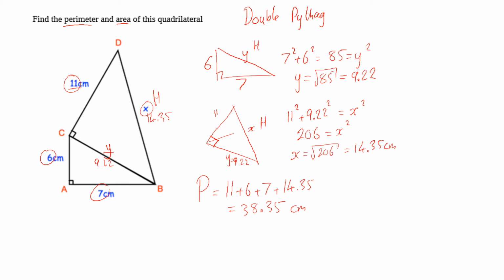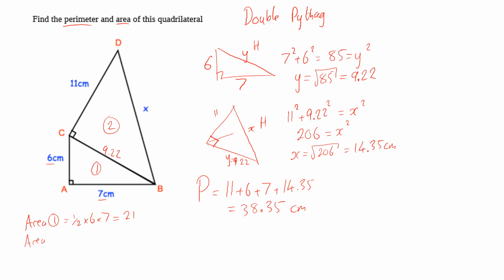As for our area, well, that seems like it's going to be complicated. But it's not actually too bad, because we know how to find the areas of triangles. We know that they are half times base times height. So I'm just going to label these as triangle 1 and triangle 2. I'm going to put my 9.22 on the side here. The area of 1, well, the base is 7 and the height is 6, so we can just go a half times 6 times 7, which is going to give us 21.